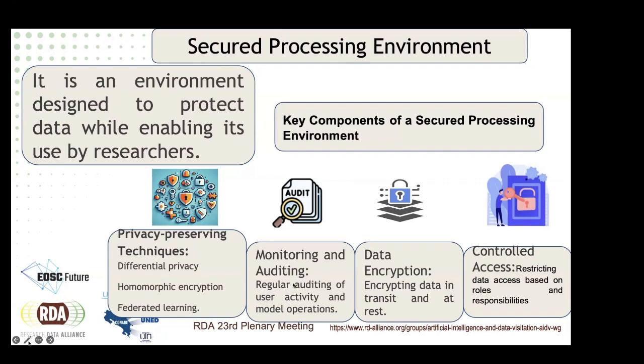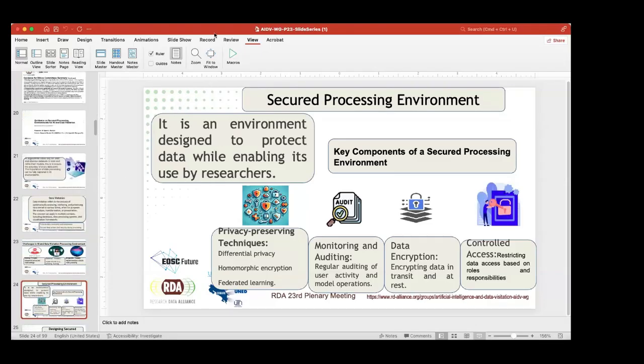So some of the key components we are considering are privacy preserving techniques like differential privacy, homomorphic encryption, federated learning. These are some of the techniques that can be implemented while having this processing environment in place.